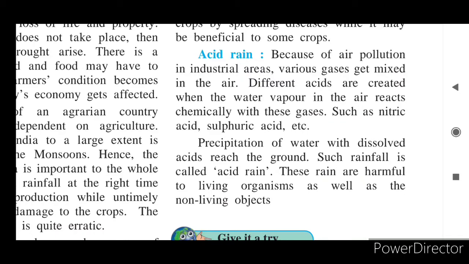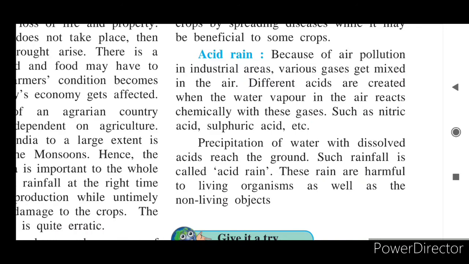When that chemical process is done with the vapor, and after that the rain falls on the earth's surface, it is called acid rain. This rain is harmful to living organisms as well as non-living objects. So here it is saying that acid rain is very harmful for human beings. It is dangerous because many times skin problems will start, and on non-living objects also, the earth's surface will be affected, because the fertility of the land will reduce.